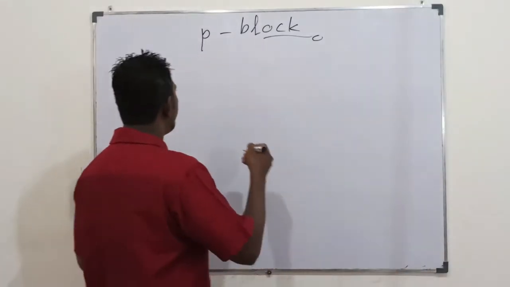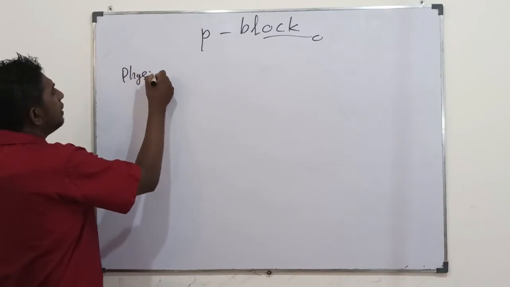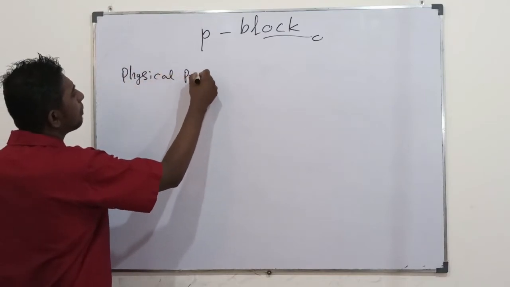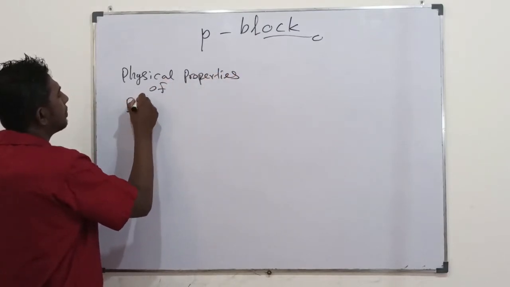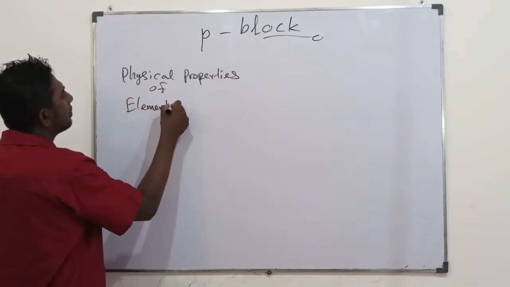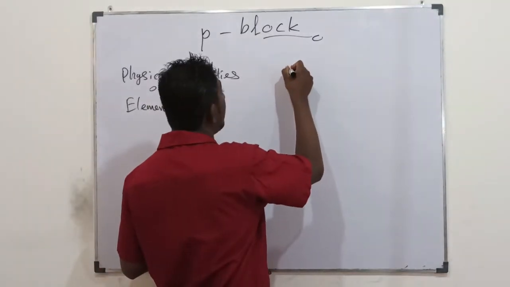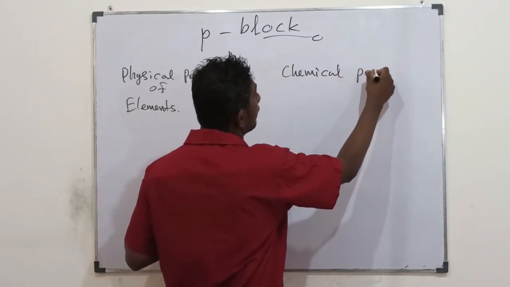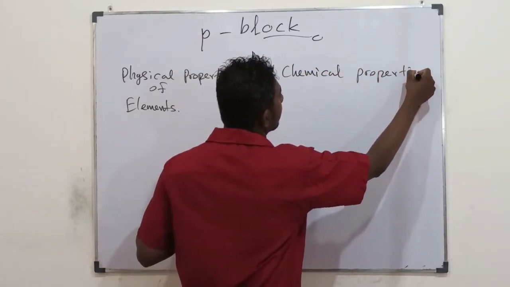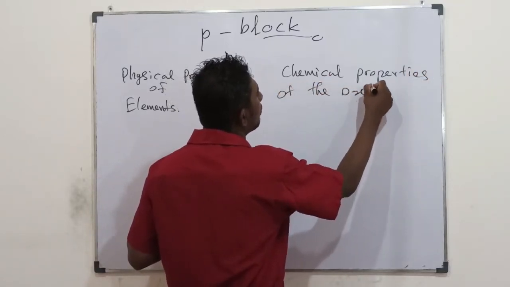One is based on their physical properties of the element, and the other is based on their chemical characteristics, chemical properties of the oxide form.